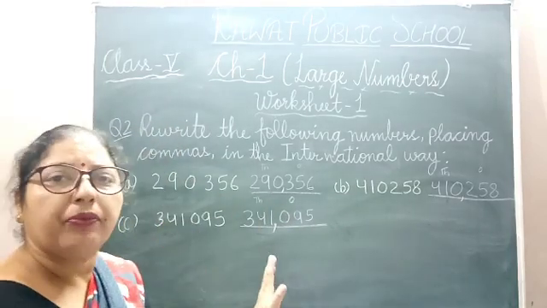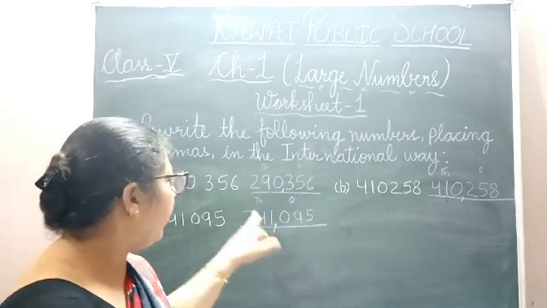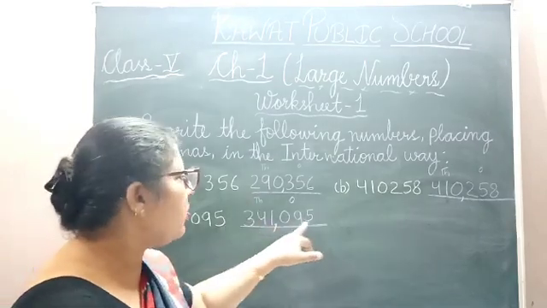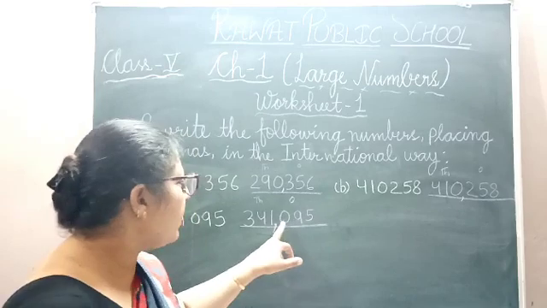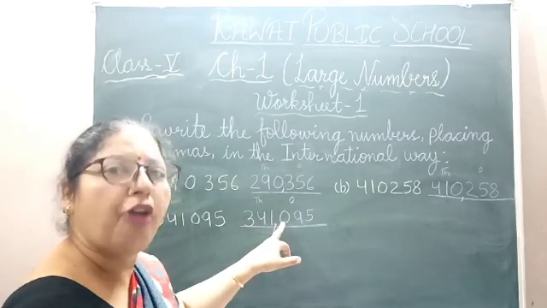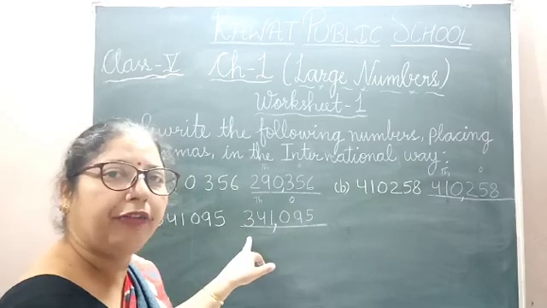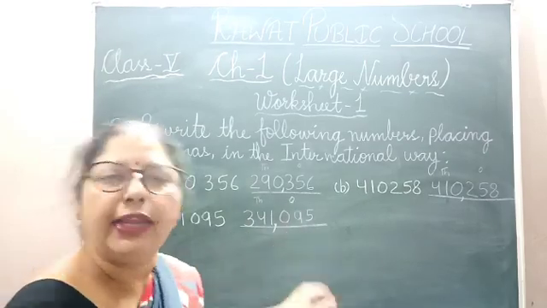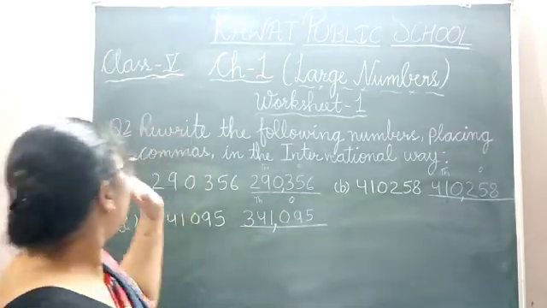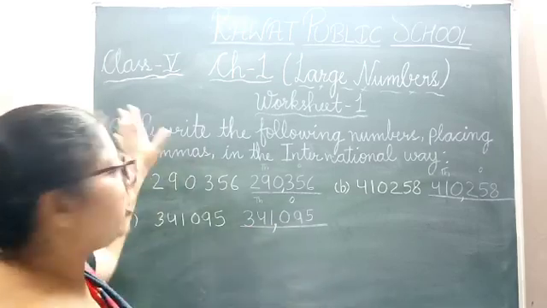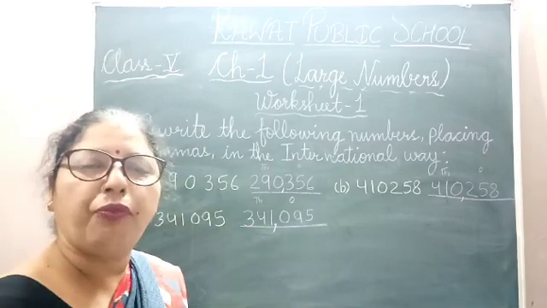So 341,000, this is 95 because there is 0 at the place of 100. So 341 is 1000, 341,095. So students, today we have done question number 1 and question number 2 of worksheet 1.